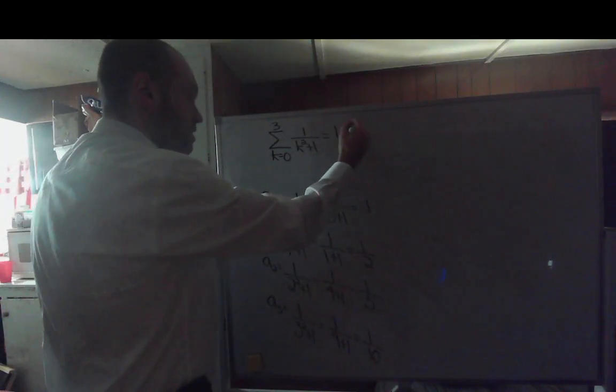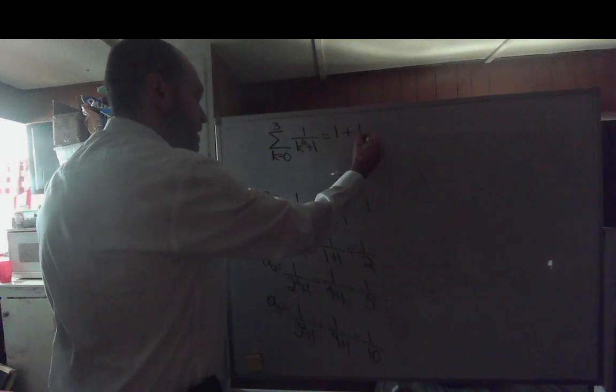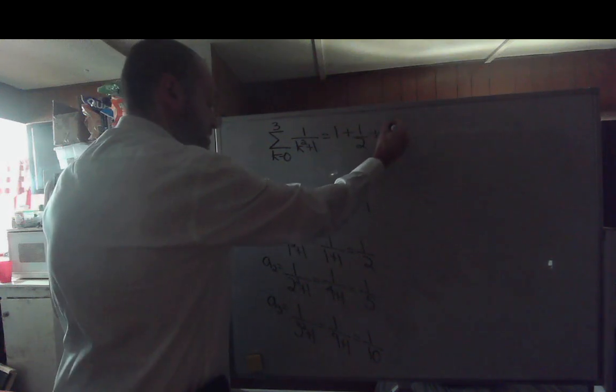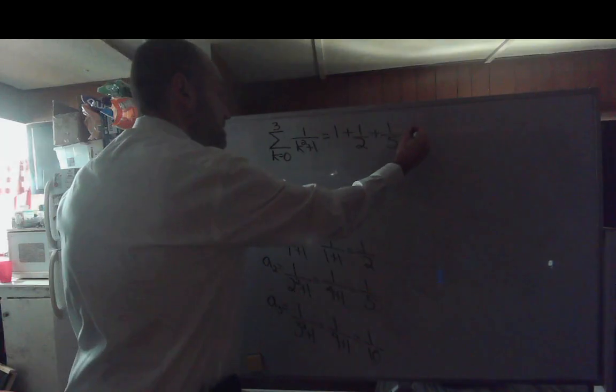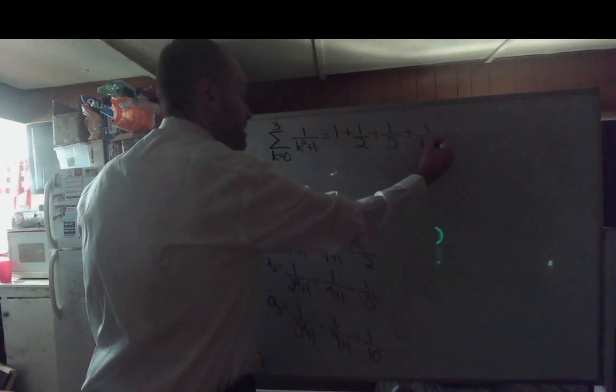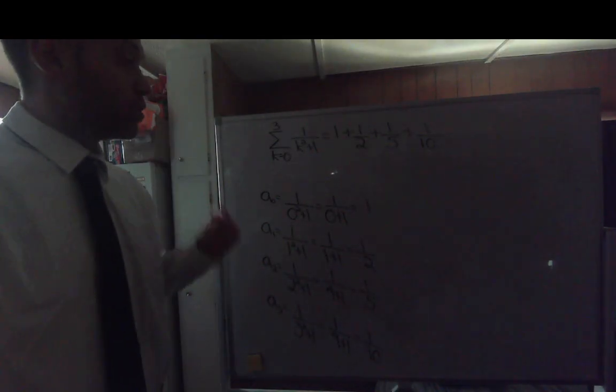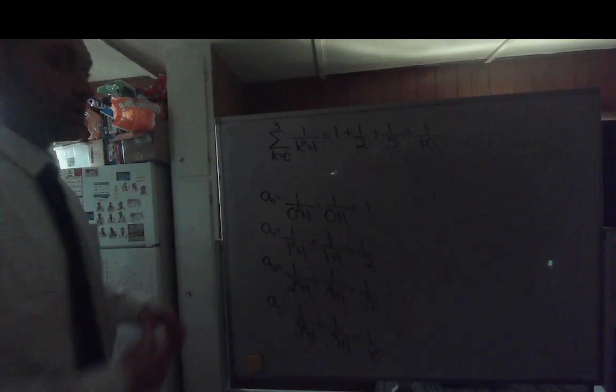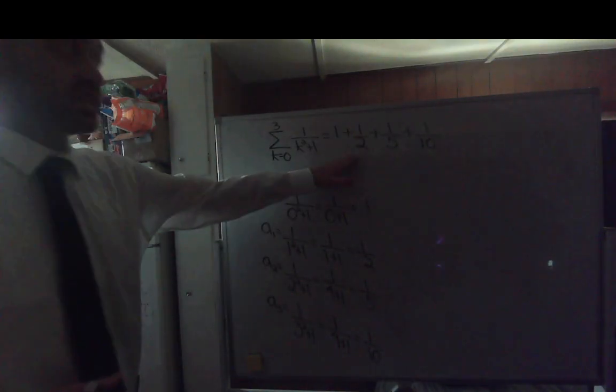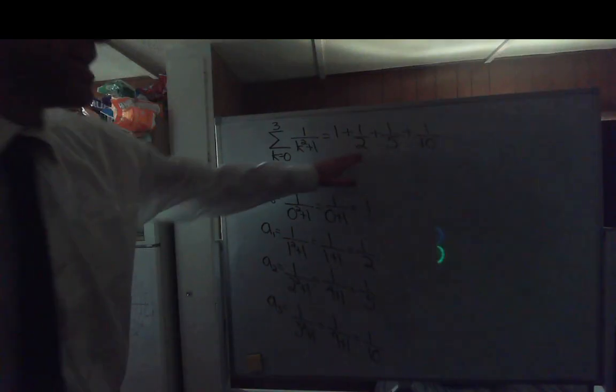This is the same thing as taking that 1 plus that 1/2 plus that 1/5 plus that 1/10 and adding them all together. Well, we definitely need to get a common denominator, right? I think it's pretty safe to say our common denominator is going to be 10.